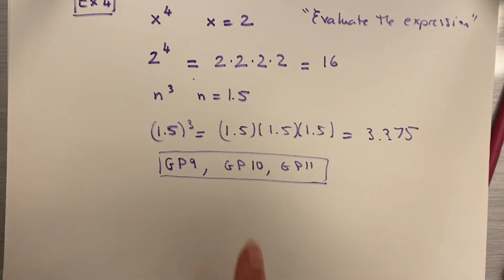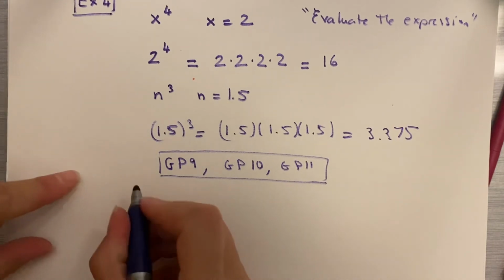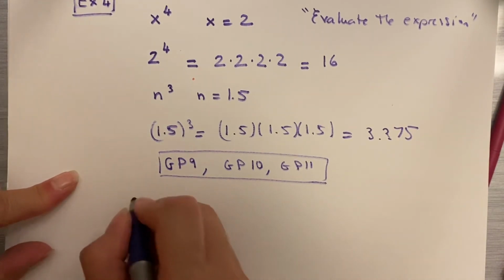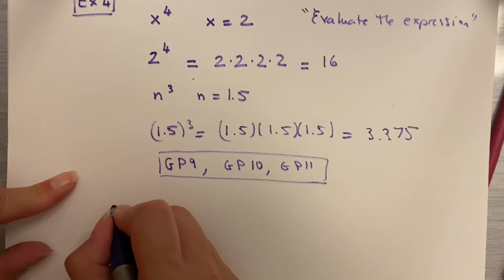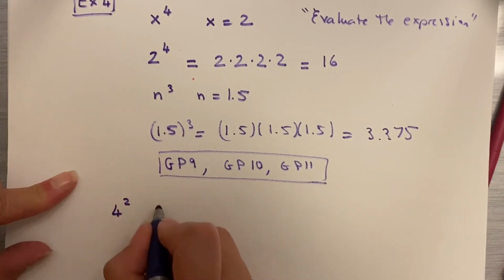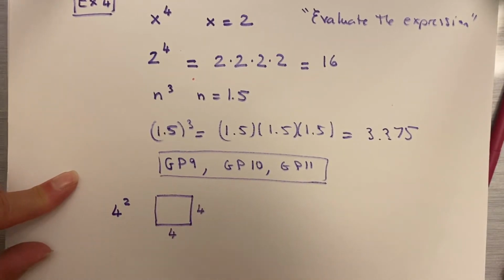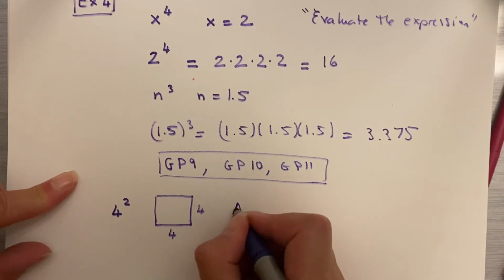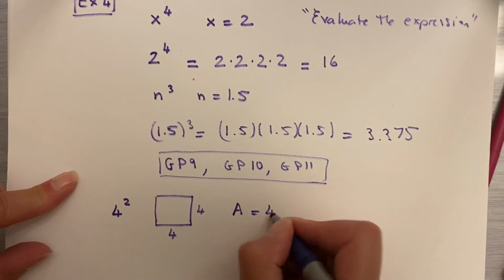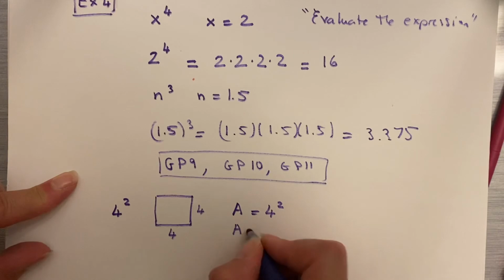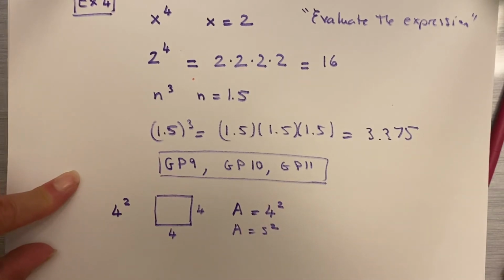Last, just a reminder, exponents are used everywhere. And there's a reason why things are called square. For example, 4 squared. You see this all the time. Here's a square, here's 4. You know, the area of a square is 4 squared, because it's the side squared.